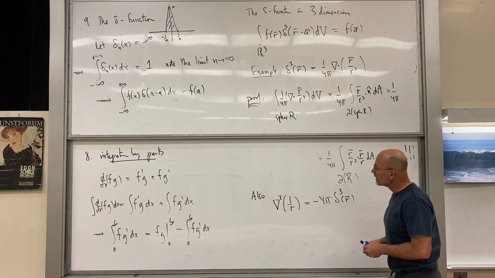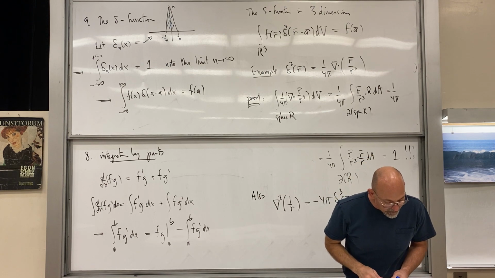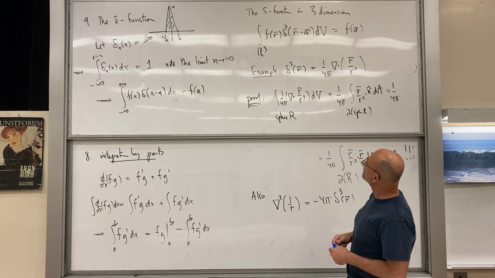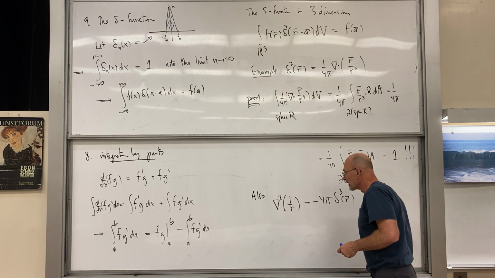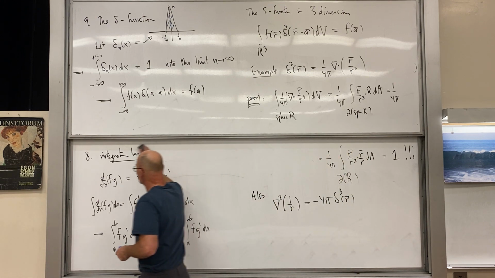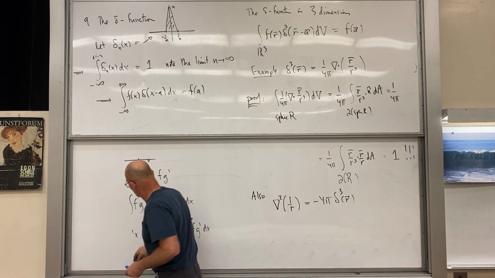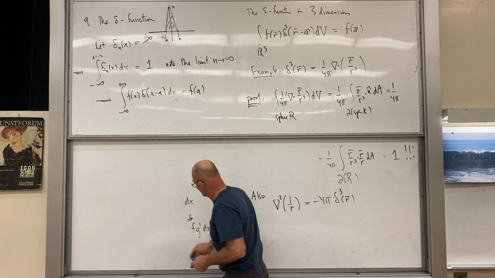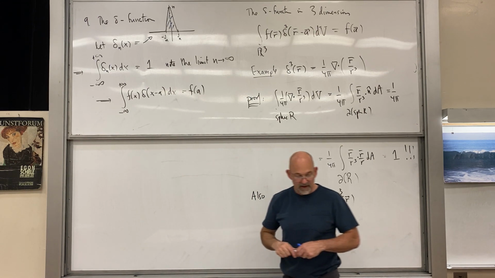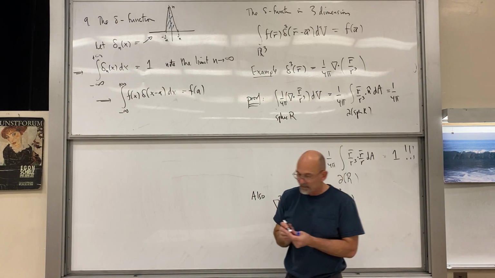Okay. So what follows, and let's keep our scheme going here, delta functions were 9, so here we are at 10. What follows here is the Helmholtz theorem.